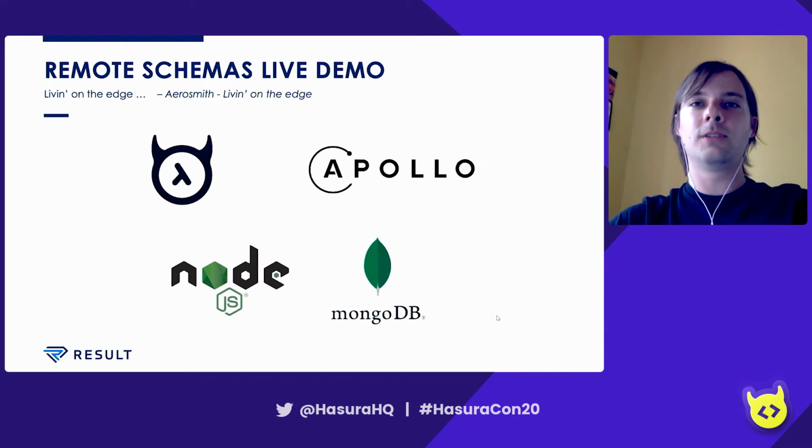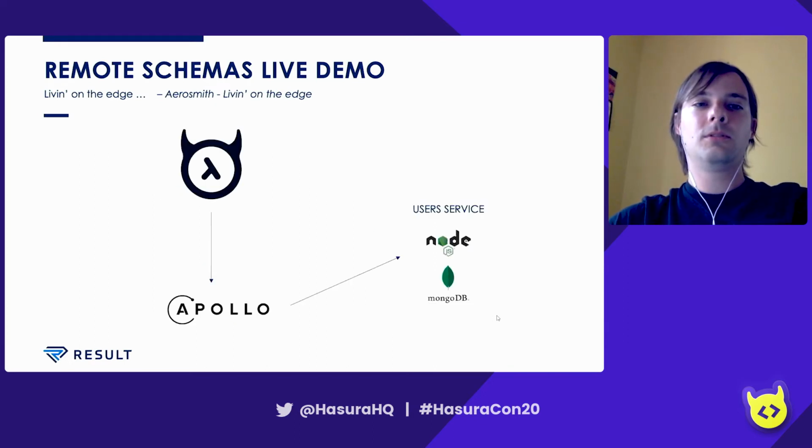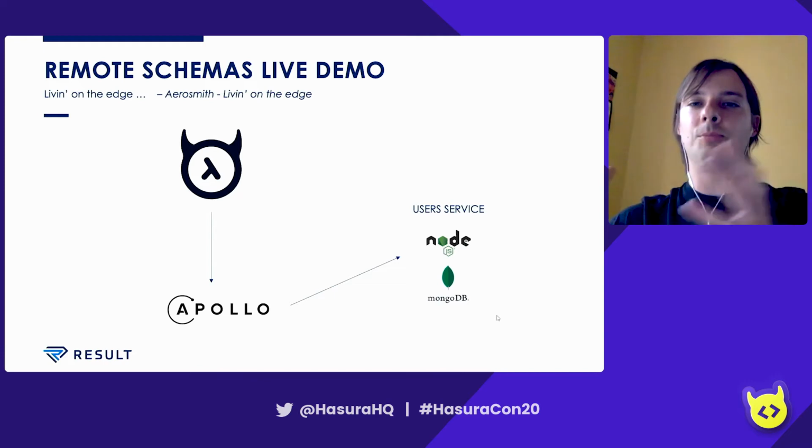In the end, we'll have a Hasura server, which will connect to Apollo via remote schemas, and Apollo will connect to the user service. This is a small, uncomplicated architecture, but imagine this.